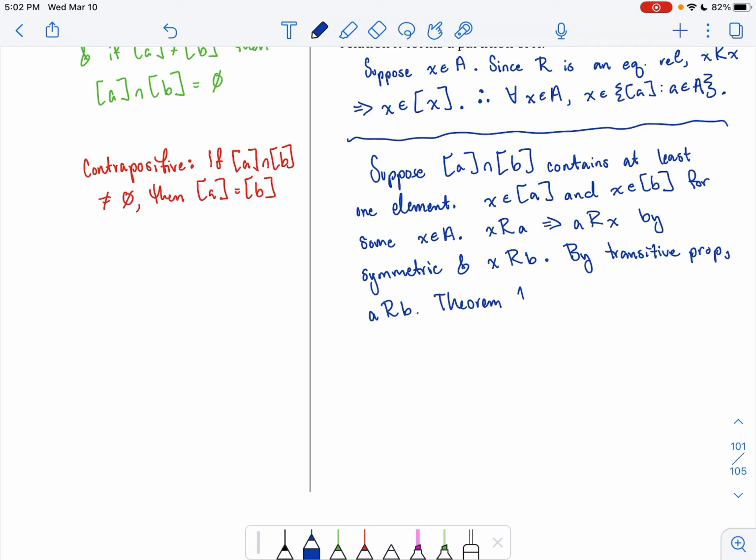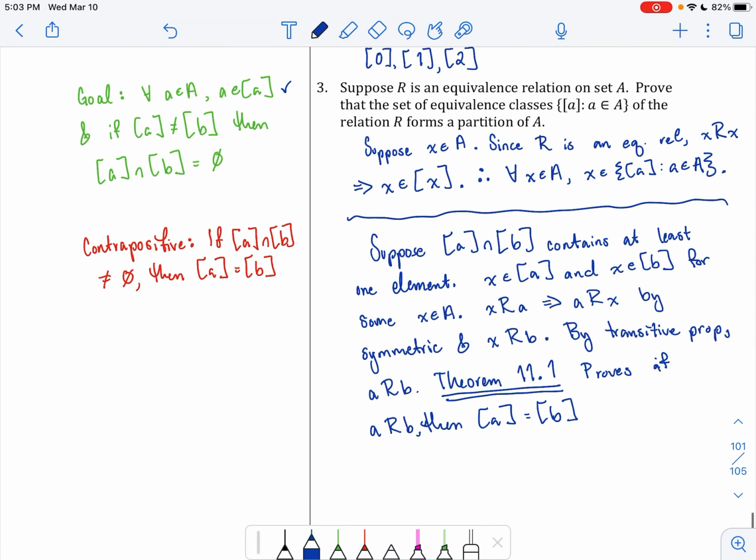Using a theorem that you hopefully have used in some of your work up till now, in the textbook, Theorem 11.1 proves that if a R b, then the two equivalence classes are the same. So basically, and this is something that's been really helpful in some of your proofs if you've used it, the idea is that if elements have an overlap in an equivalence class, then they are in the same equivalence class, and their equivalence classes are equal.